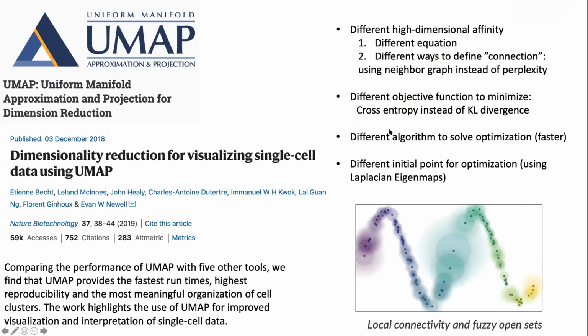So actually here, just a brief overview, what is the difference? Because the overall workflow is very similar. The only difference is, of course, how to define similarity is different. Another is the different ways to define connection. Here in UMAP, they use something called the nearest neighbor graph to connect the points instead of just using a Gaussian kernel. But we'll go back to this point later. And of course, they use different objective functions.